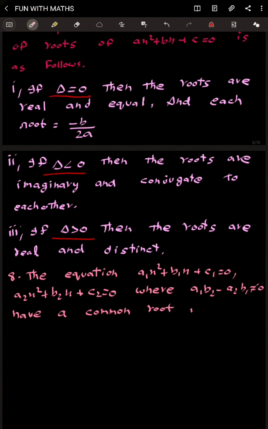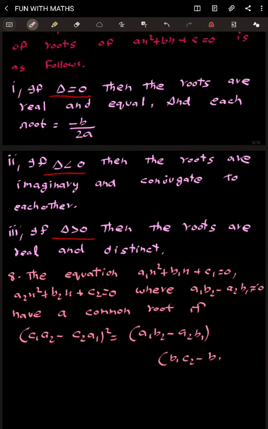if c1 a2 minus c2 a1 whole square equal to a1 b2 minus a2 b1 into b1 c2 minus b2 c1.